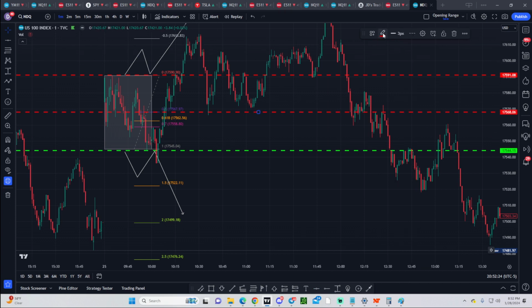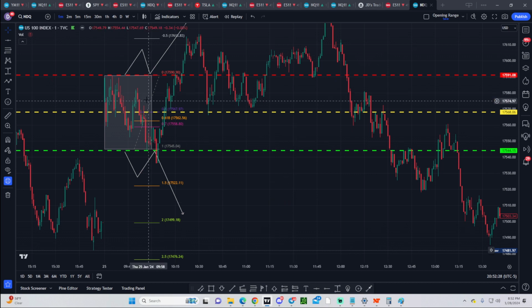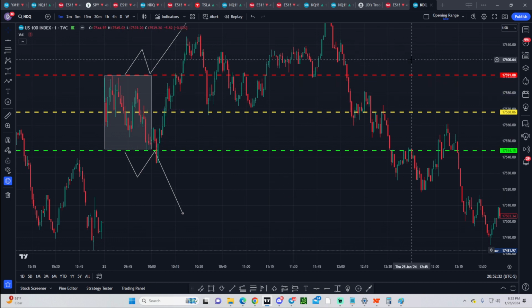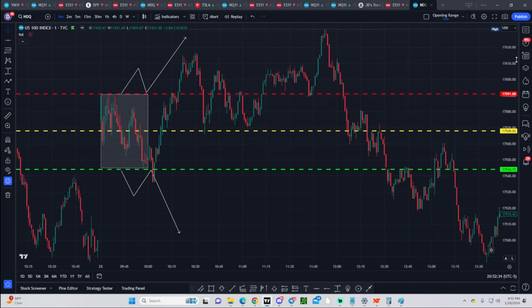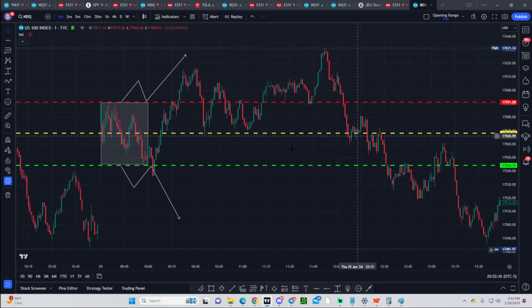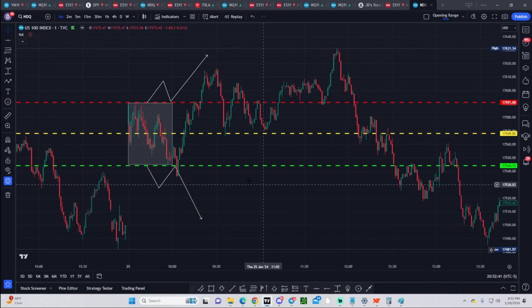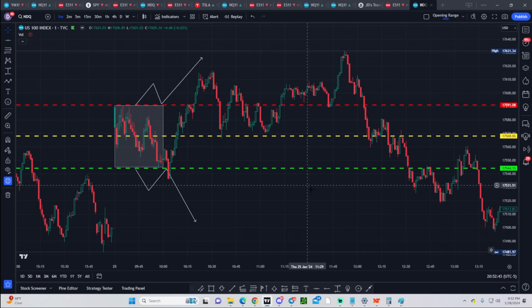So that's the midpoint. We can also use the midpoint for entries, but that's going to be an aggressive intermediate strategy, not necessarily something that is applicable to a beginner. All right, so what we're looking for is opportunities to trade to the upside or trade to the downside.